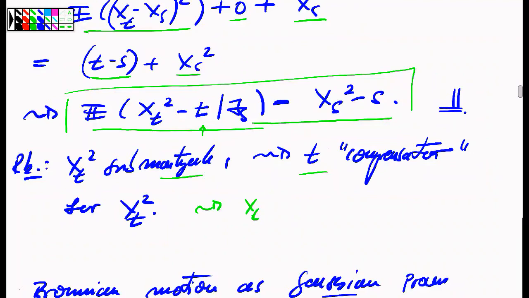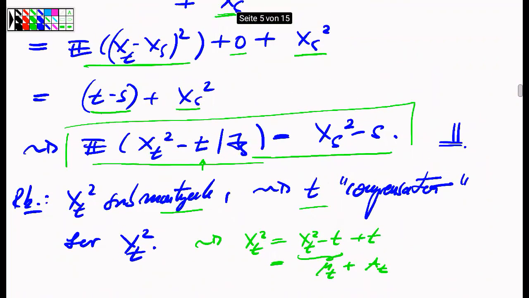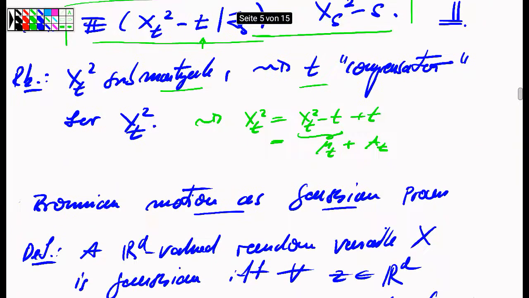We have seen that Xt squared I can also write as Xt squared minus t plus t. Then this submartingale is decomposed into a martingale plus a term which is increasing over time. This is then our Doob decomposition of the submartingale obtained from squaring a Brownian motion.